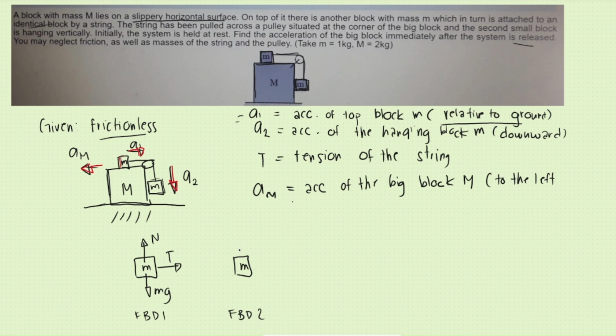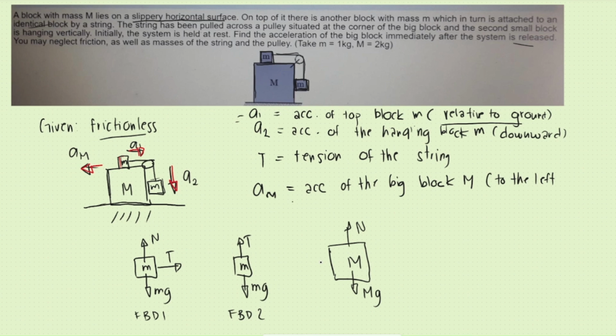The forces acting on this mass are the tension, obviously, and its weight, mg. These are the only forces that act on the hanging object. Now the large M: the forces acting are the normal force that acts on M, the large block, and its weight.